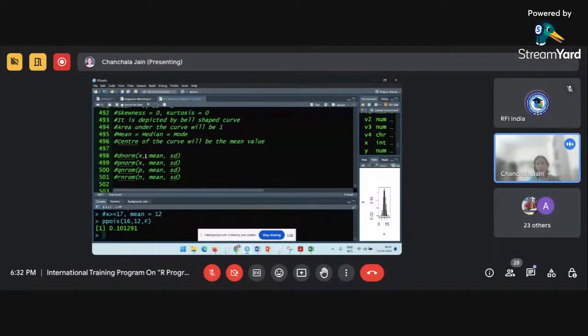Dnorm will give you the probability of X, the exact outcome. Pnorm will give you the probability of X when it is the cumulative type of outcome. Qnorm will give you the value of X from the probability, the reverse of dnorm. Rnorm will generate random numbers having this particular mean and this particular standard deviation. So this is the normal.